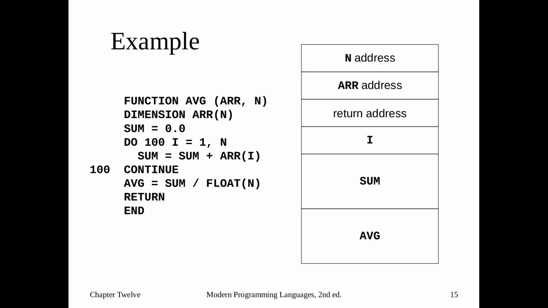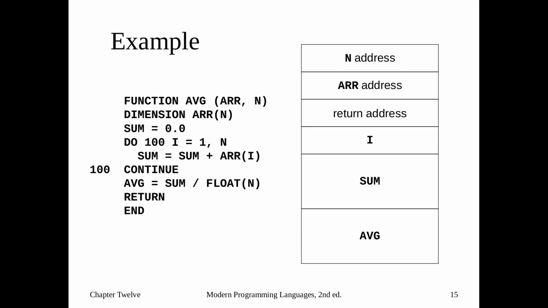So in order to construct this in memory, we need to create an activation record that looks something like this. It has the address of n, which is provided to us, the address of the array, and then we need the size of that. We need the return address, where we're going to return when we're finished with this function. And then, as a part of everything we're doing, we created 3 variables: I, which is the loop control variable, sum, which represents the summation of the array, and finally the average.